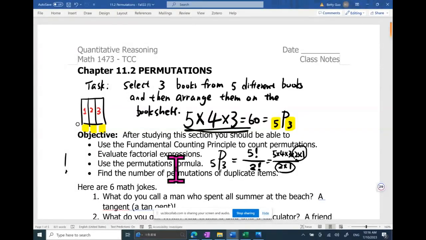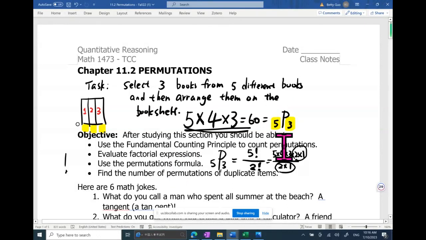You have 5 books in total, and you randomly select 3 from the 5 different books and put them on the shelf. Since you are putting them on the shelf, you are making an ordered arrangement. Then how many different ways can you complete the task? That is a permutation situation. So the number of ways to complete the task is P(5,3), permutation.